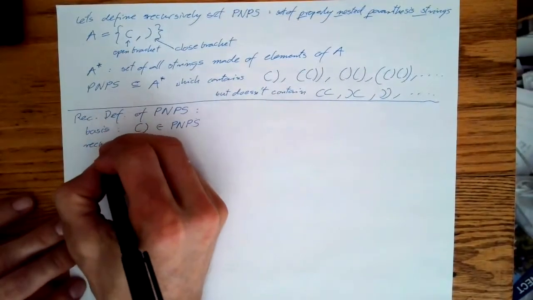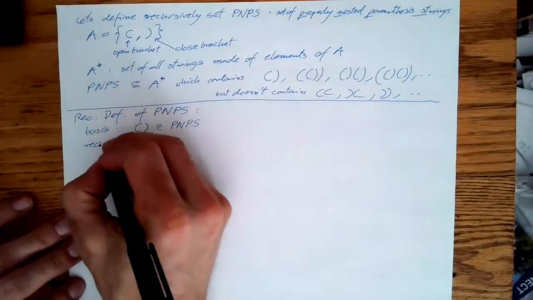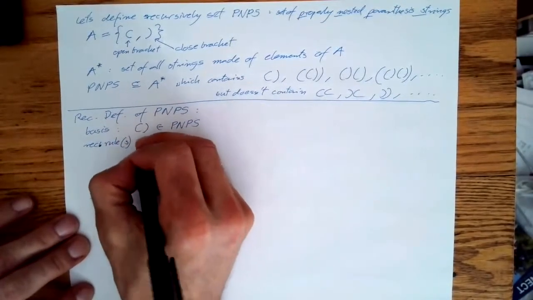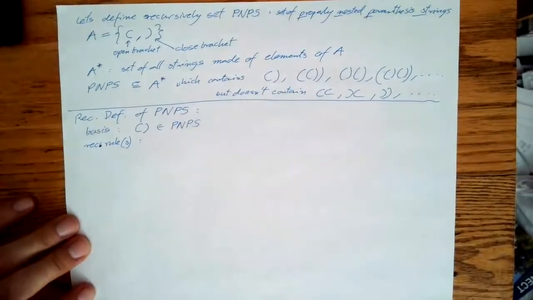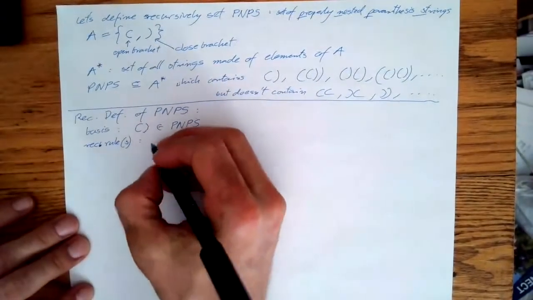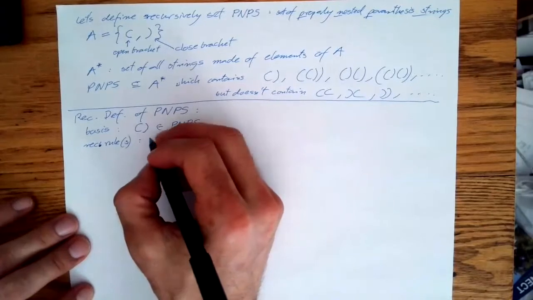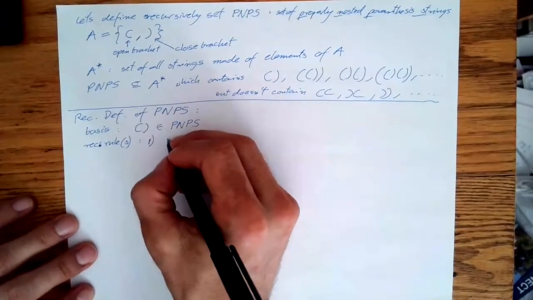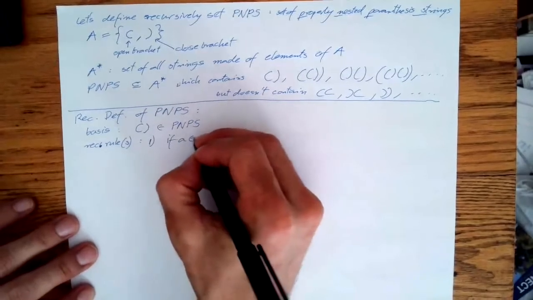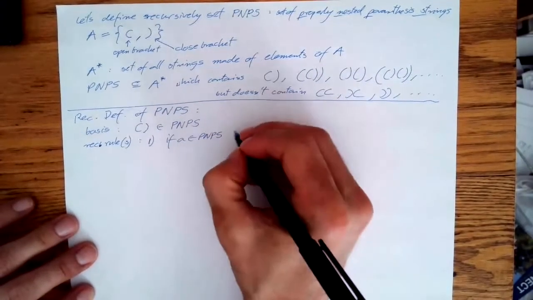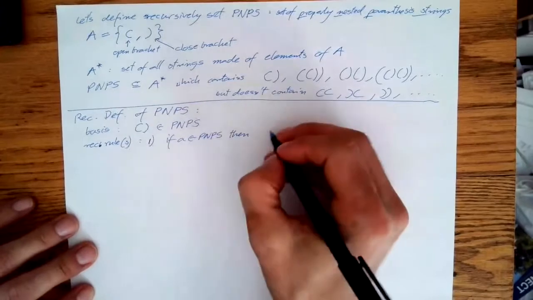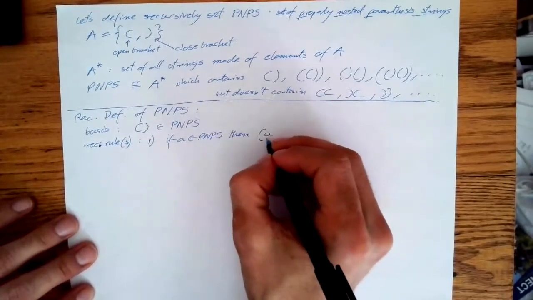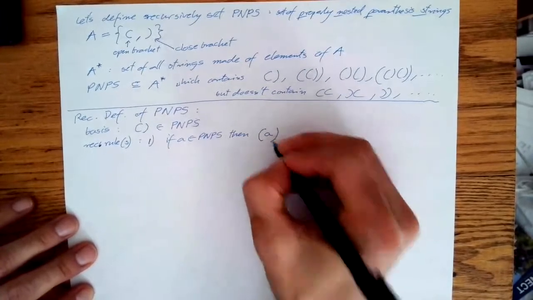The recursive rule: well, how about this? I will have two. First, if A is in P and PS, then I open, then put whatever string A is after that, and then close.